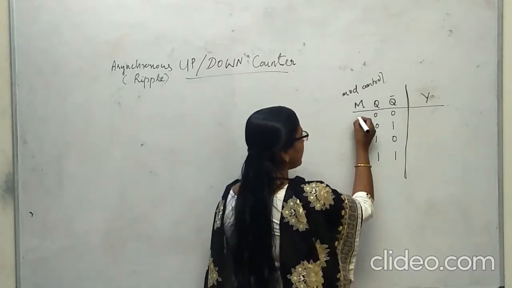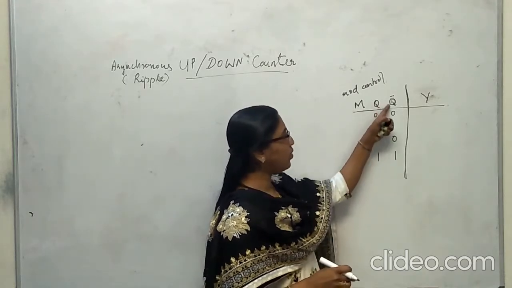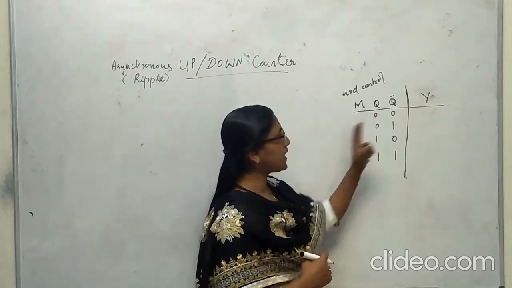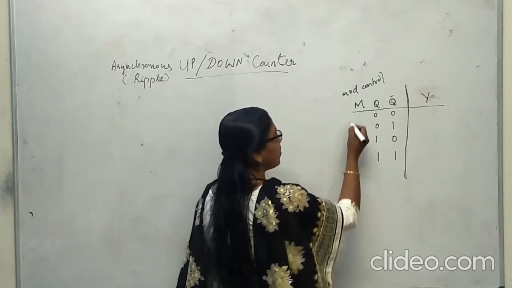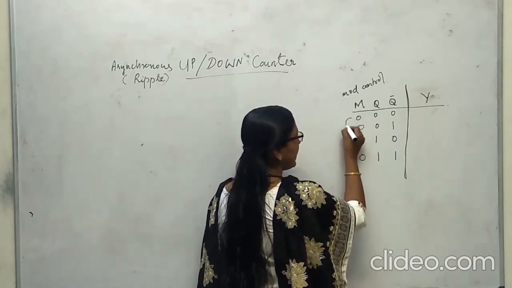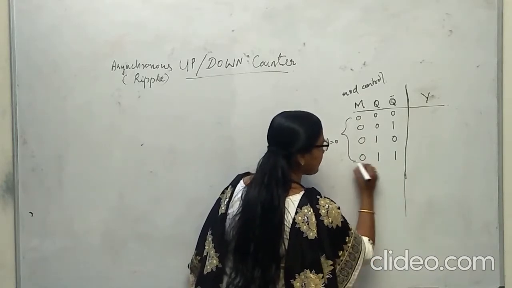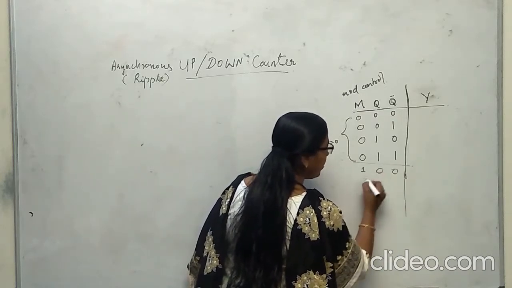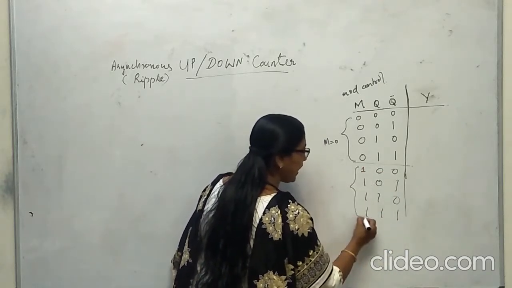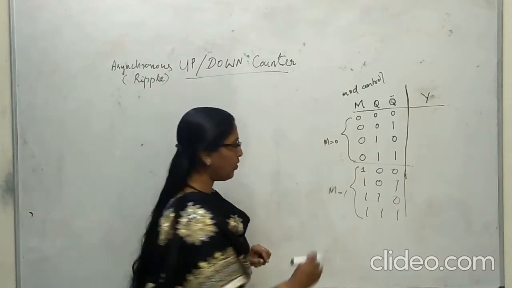If I am taking this M also as an input, and we also have Q and Q bar as the output of every flip-flop, then for these three we can have various combinations. So this is 000, 001, 010, 011, where M is equal to 0. Then the next case is 100, 101, 110, and 111, where M is equal to 1. So M is equal to 0 and M is equal to 1.